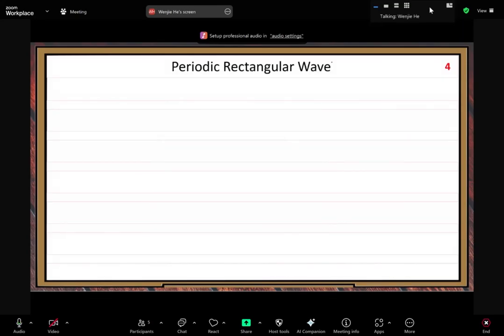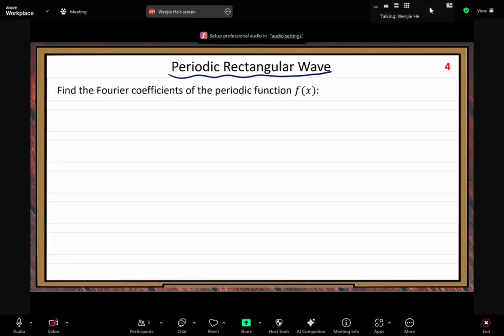Periodic rectangular wave: in our engineering applications, we use periodic rectangular wave phenomena a lot in modeling. So here we do a practice, because we will do rectangular waves a lot.